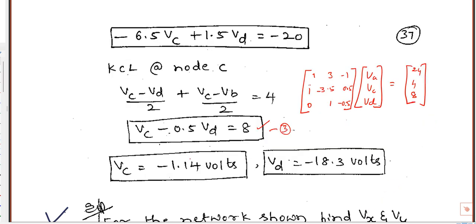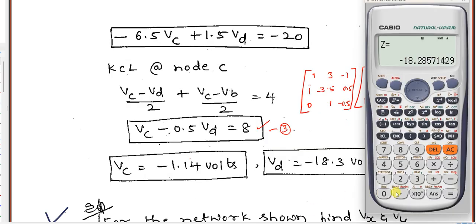So these three equations, if you solve using a calculator, you have to enter 1, 3, minus 1, 24; 1, minus 3.5, 0.5, 4; 0, 1, minus 0.5, 8. We are going to get the answer. VA value, VA they have not asked, VA value is 9.14.